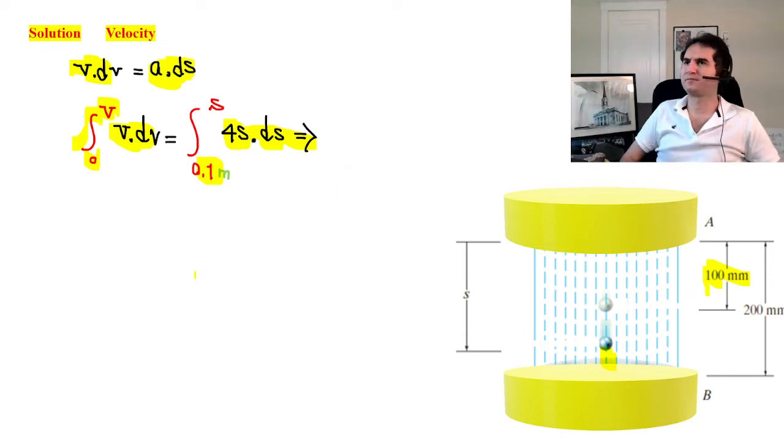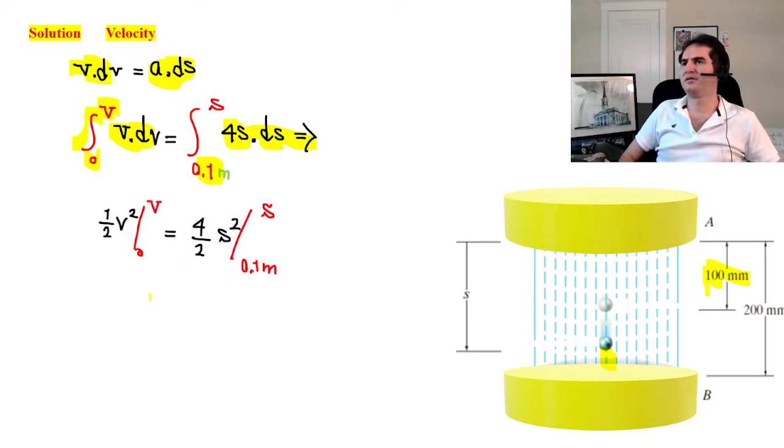If you do the integration, one half v squared from 0 to v equals 4 over 2 s squared from 0.1 to s.